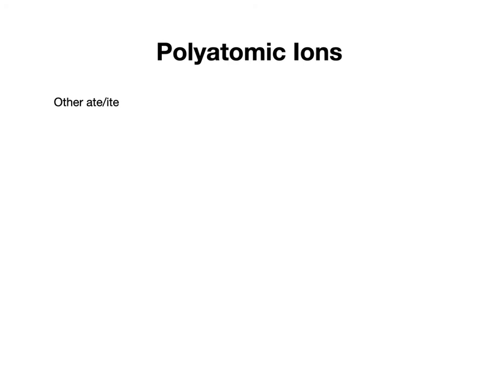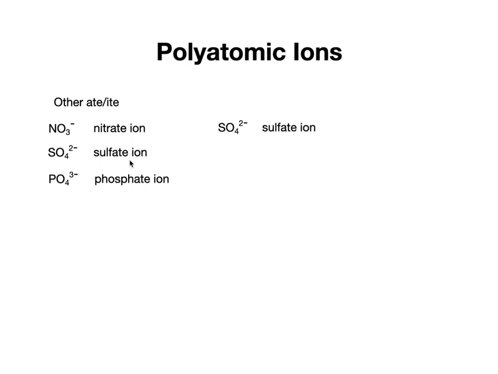Now, let's look at other ATE, ITE scenarios here. So we've got the nitrate ion. We've got the sulfate ion. We've got the phosphate ion, right? Those all end in ATE. Let's take the sulfate as an example.